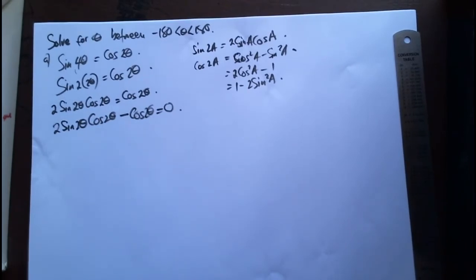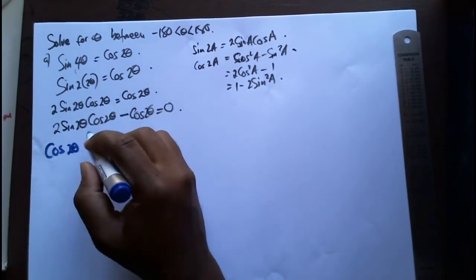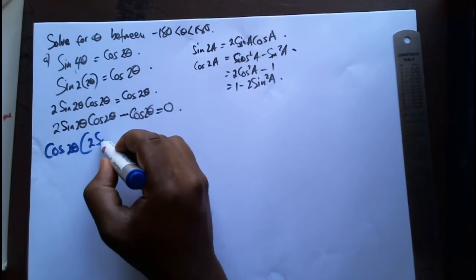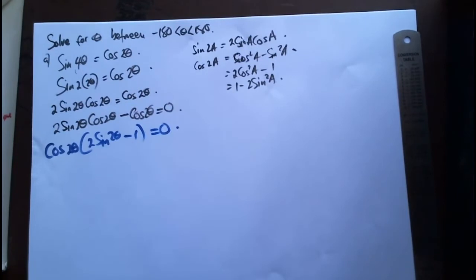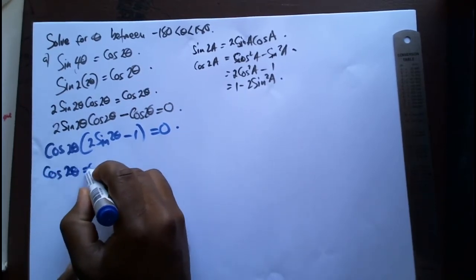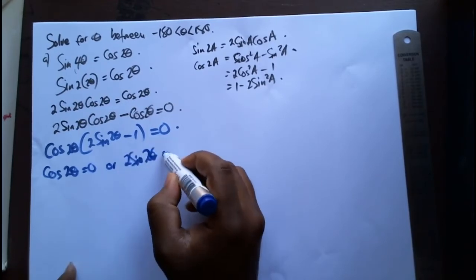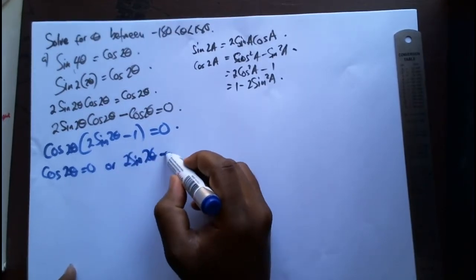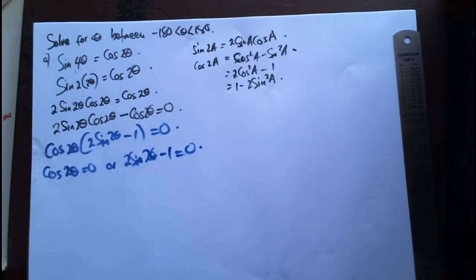Then I factor it out and get cos 2 theta times (2 sine 2 theta minus 1) is equal to 0. So you see that now I have cos 2 theta is equal to 0, or 2 sine 2 theta minus 1 is equal to 0. Now I can find solutions one by one.